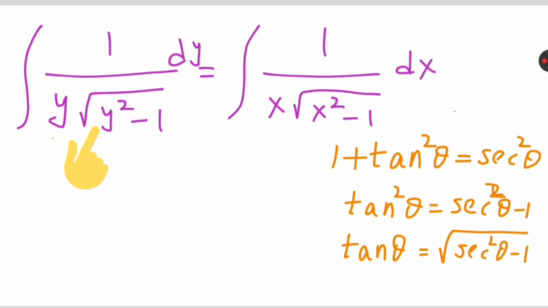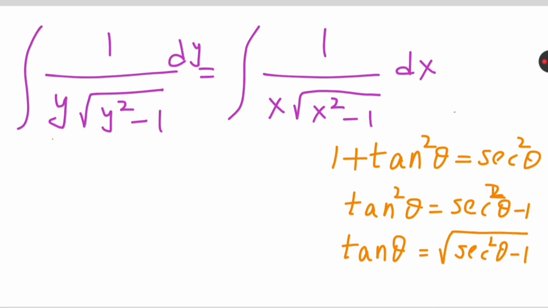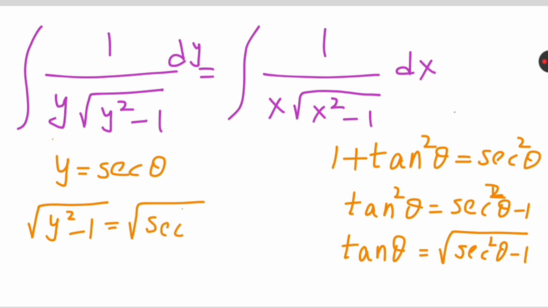Now observe here we have y square minus 1 and here we have secant square theta minus 1. So let us consider y as secant theta. Then square root of y square minus 1, that is square root of secant square theta minus 1, that is tan theta. So square root of y square minus 1 turns into tan theta.